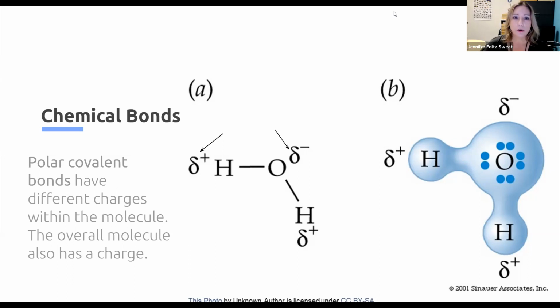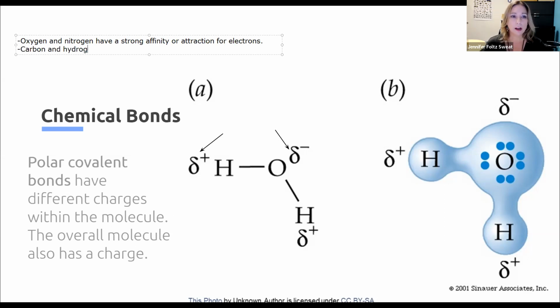But here is a rule of thumb that I do want you to remember. Oxygen and nitrogen have a strong affinity or attraction for electrons. Those are like the big magnets.